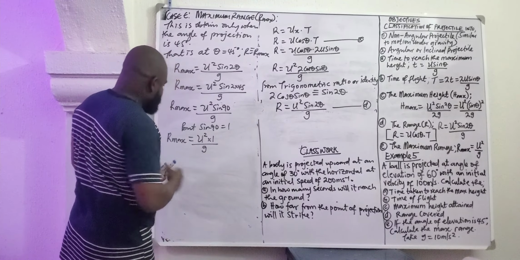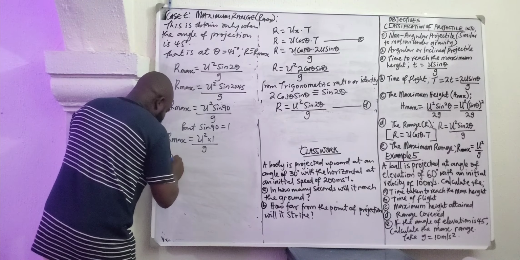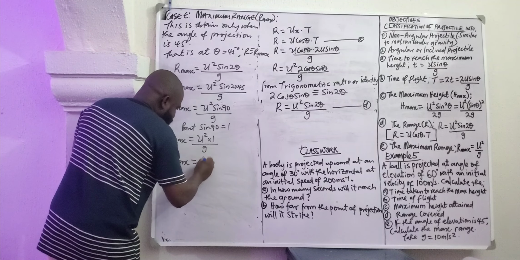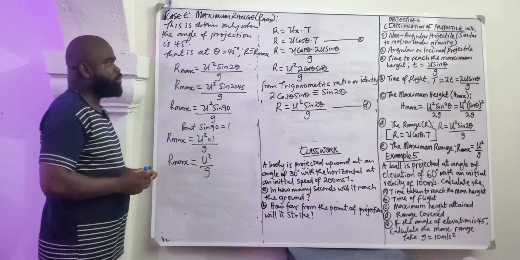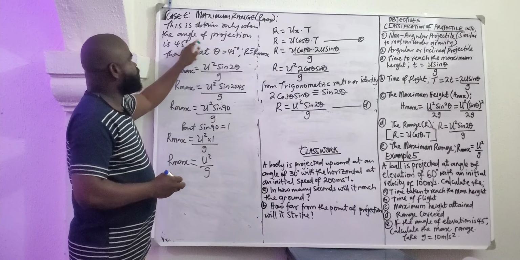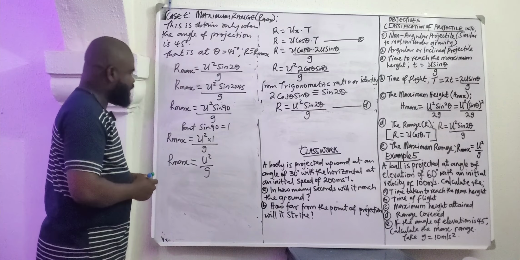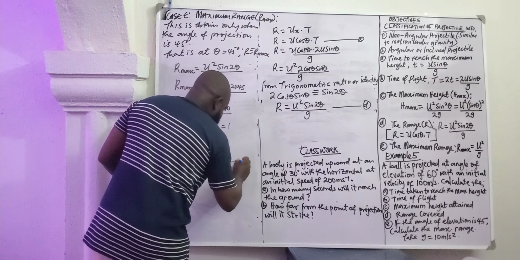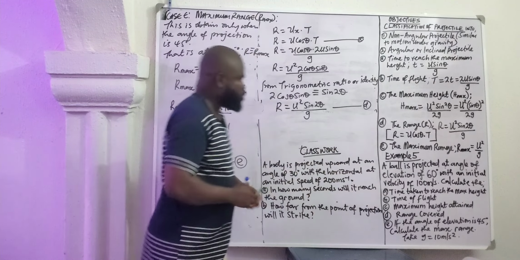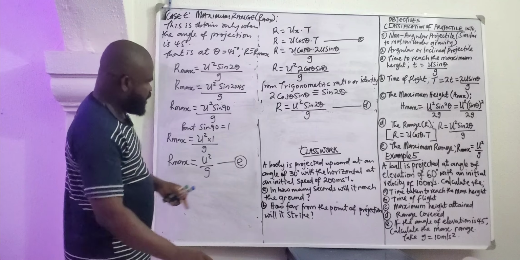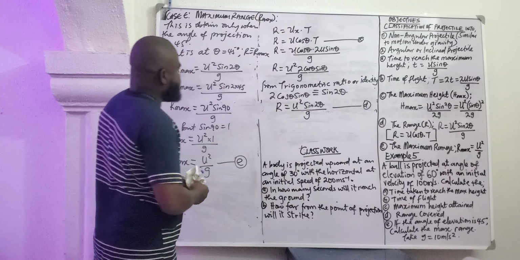So this is what we use to obtain the maximum range, u square over g. And like I've said, it's only possible when the angle of projection is what? 45 degrees. Good.